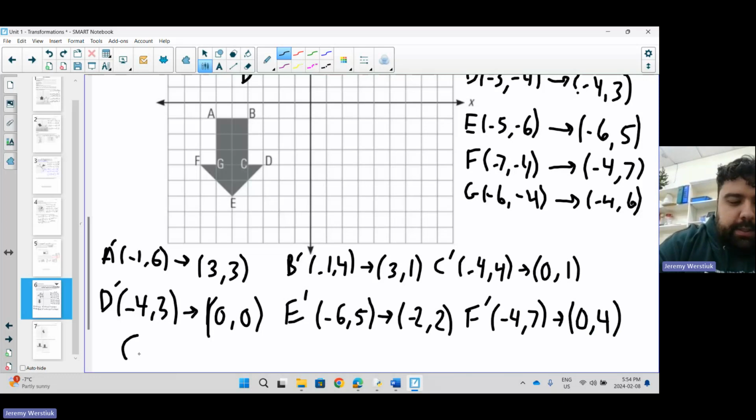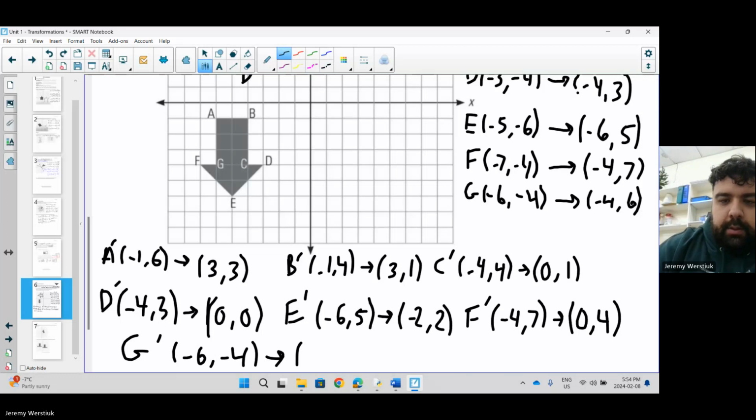And last but not least, G prime becomes G double prime. So I'm getting a little ahead of myself there. I'm going to put the G prime coordinates first. Minus 6 comma minus 4. And that becomes, oh, sorry, I was looking at the wrong one.